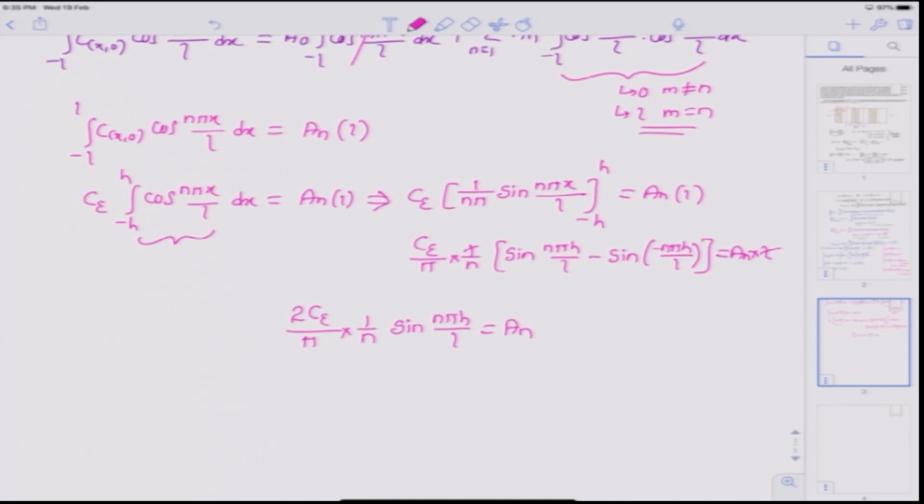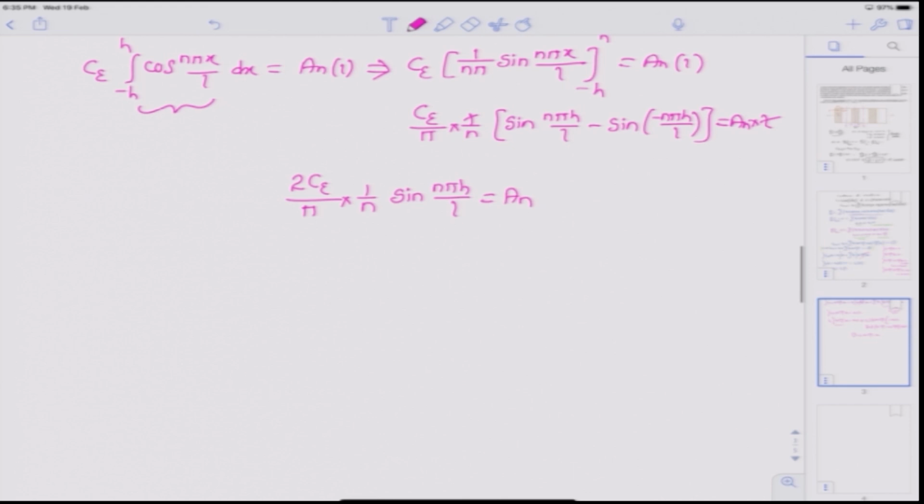So, if we substitute for a n and a 0, we get the solution for C of x t in the form of a series.